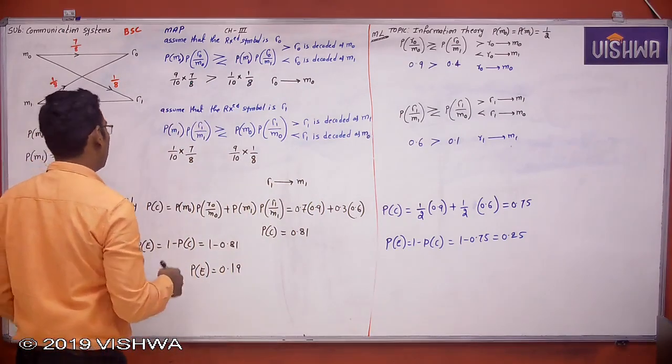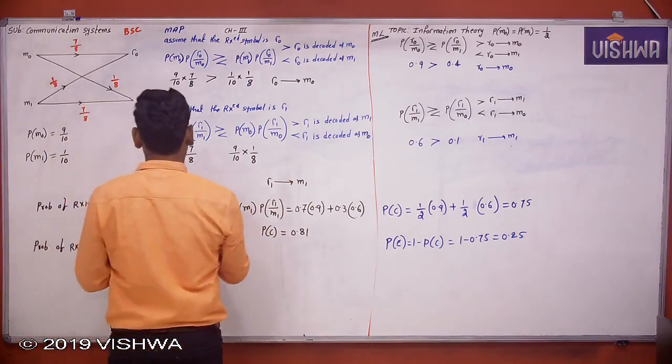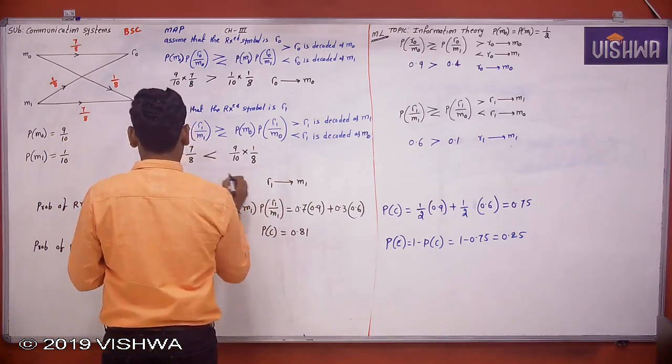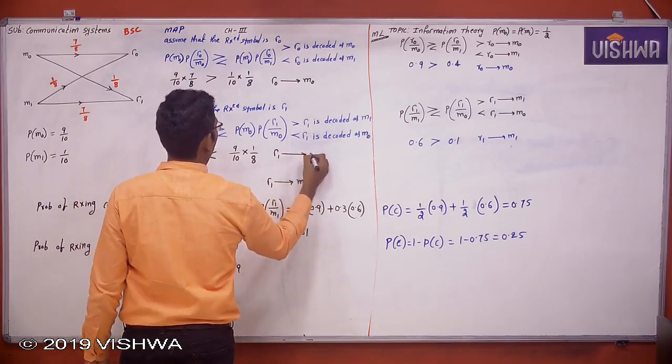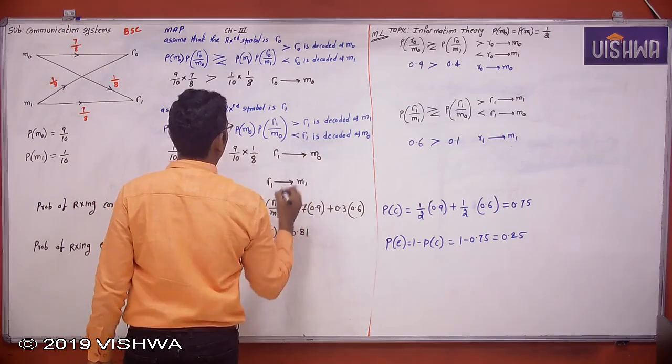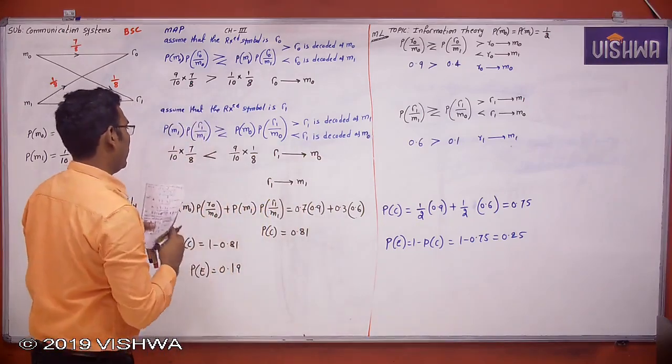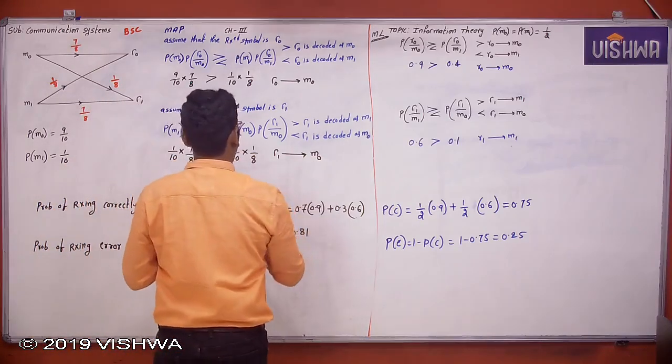Definitely this product is less than this. Therefore R1 is not decoded as M1. It is wrong decoding; R1 is decoded as M0. So this is nothing but error.